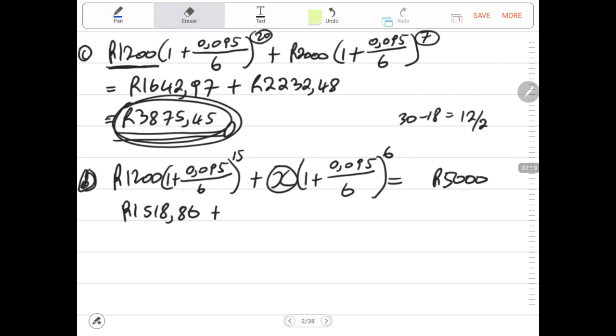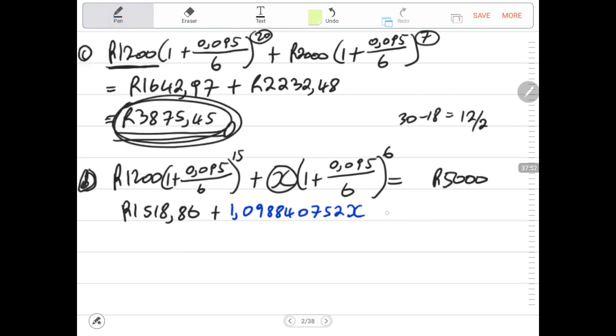So in other words, you say open brackets, 1 plus 0.095 divided by 6, close brackets, to the power of 6 equals. This gives us 1.098840752x. Now x must be at the end mathematically.